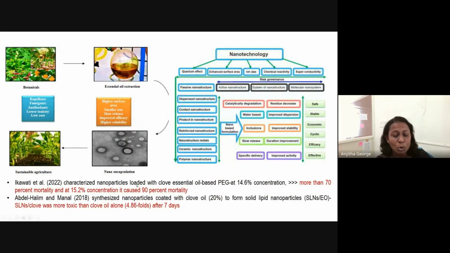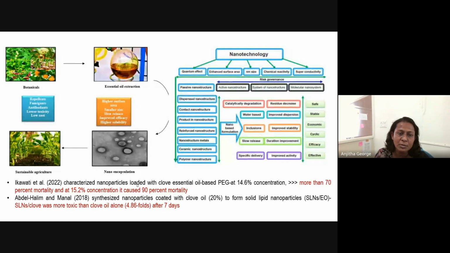As I already told you, many oils are there in the market, but the problem with essential oils is that they are highly costly, and you cannot imagine using a large quantity of oil for treating quintals and quintals of seeds.